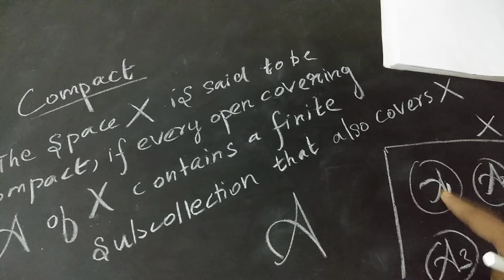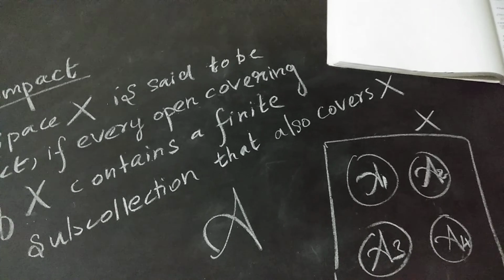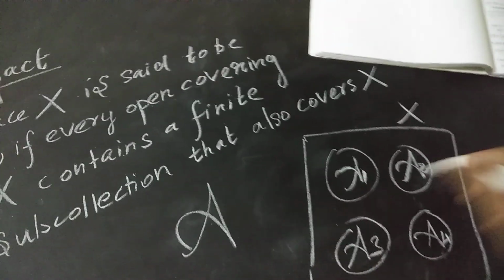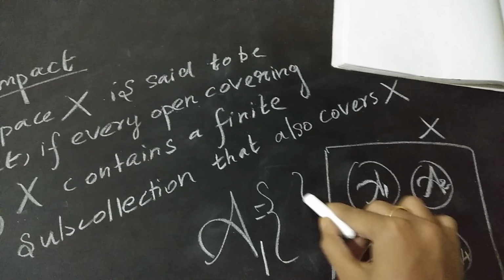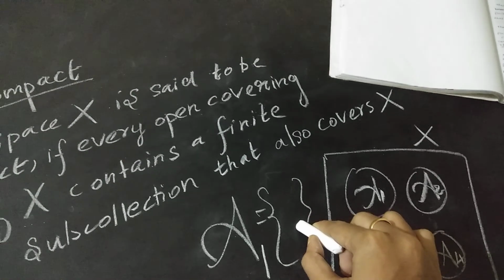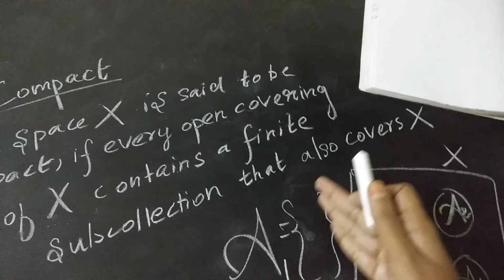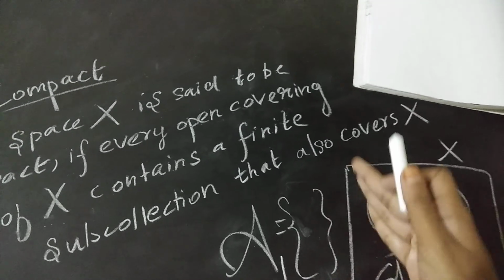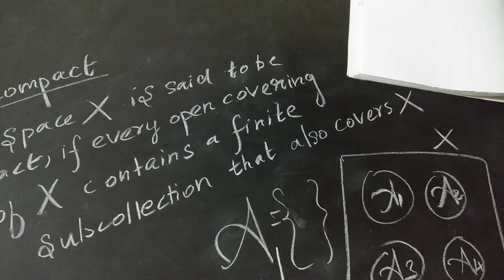Take A1, which is one of the open coverings. In this open covering A1 you will have so many subsets, and those subsets also cover this capital X. How can you say this?